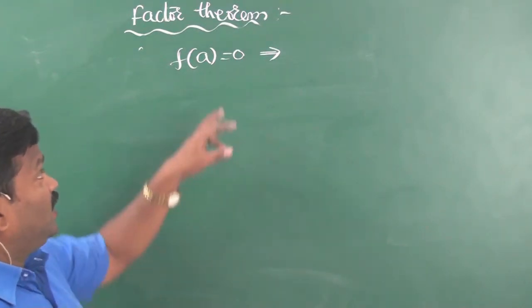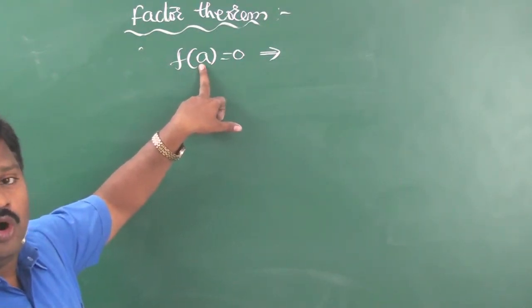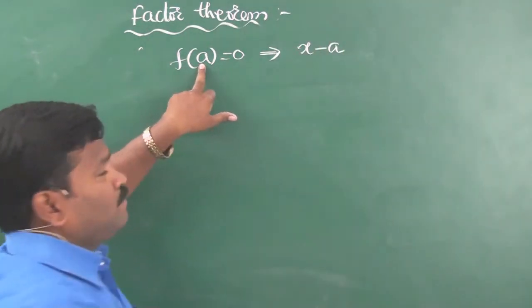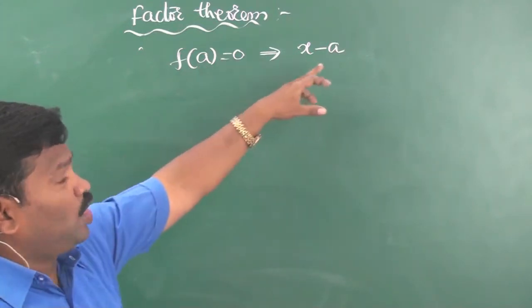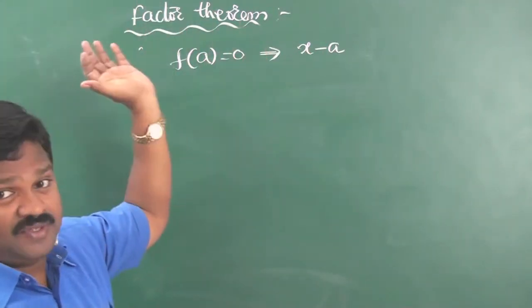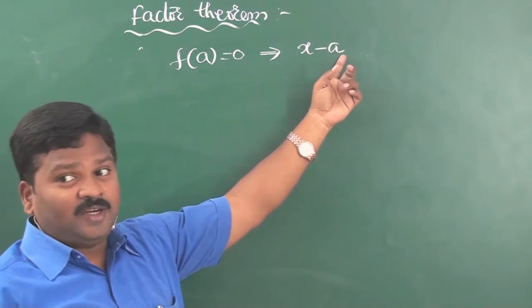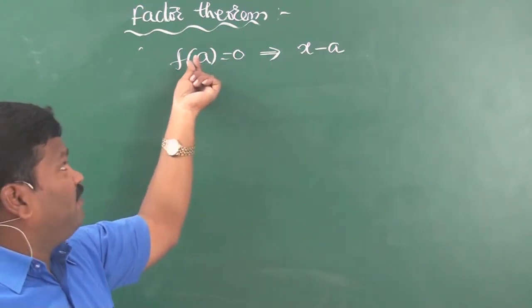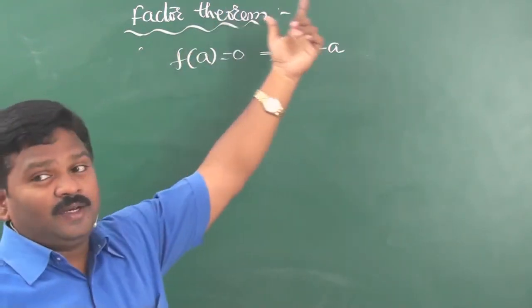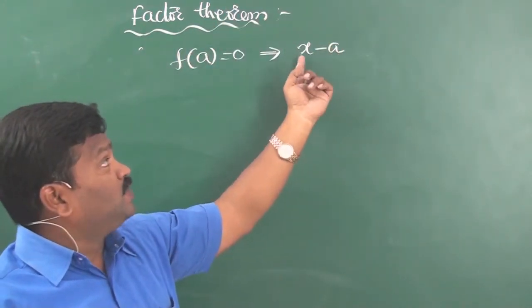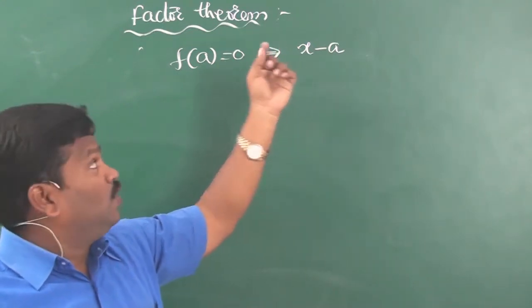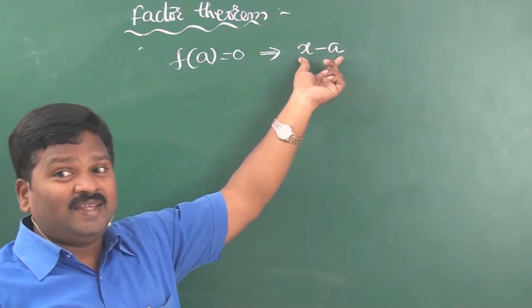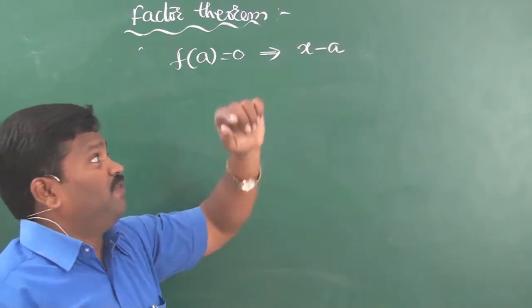A is a zero of x minus a. Make the procedure reverse. If x minus a is a factor, divisor of the polynomial, a is the zero. If a is the zero, then x minus a is the divisor. Okay, if f of a equal to 0, then x minus a is a factor of f of x.